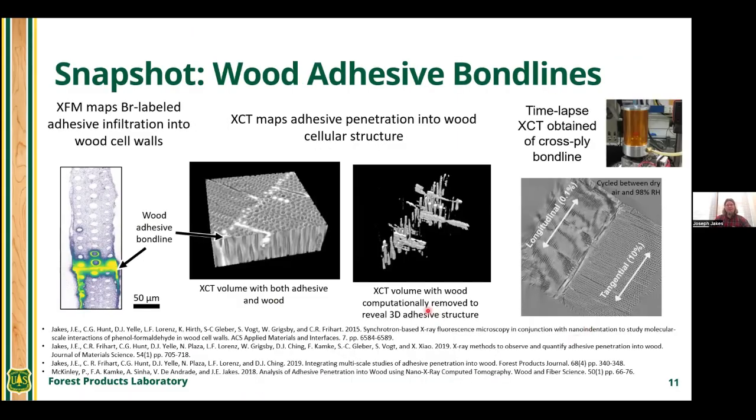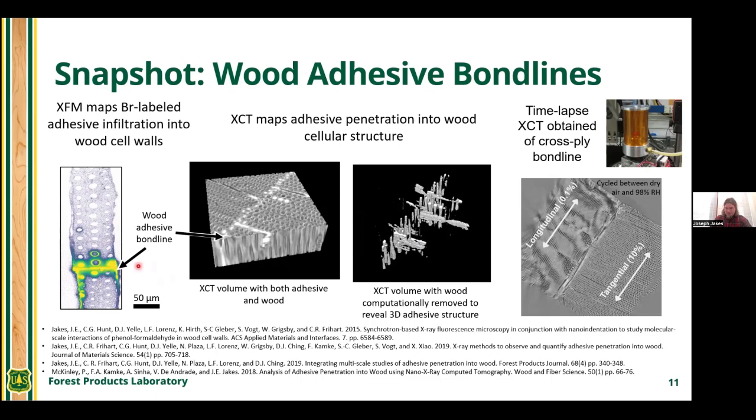So the first snapshot here: wood adhesive bond lines. As I mentioned, I was interested in understanding how much adhesive infiltrates into wood cell walls. So we did these different experiments using a bromine labeled phenol-formaldehyde adhesive. We were able to use XFM to map how much adhesive goes into the cell walls themselves. You can see some of these lumina filled.